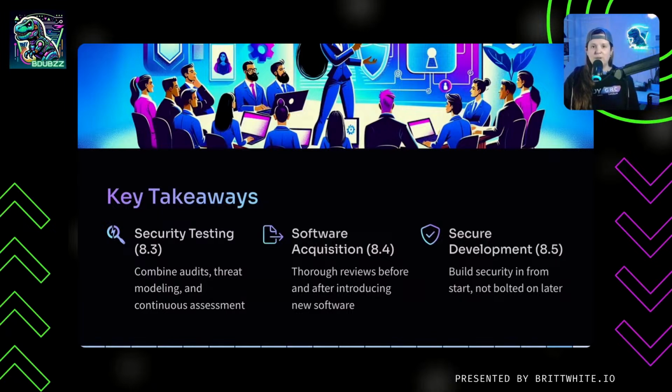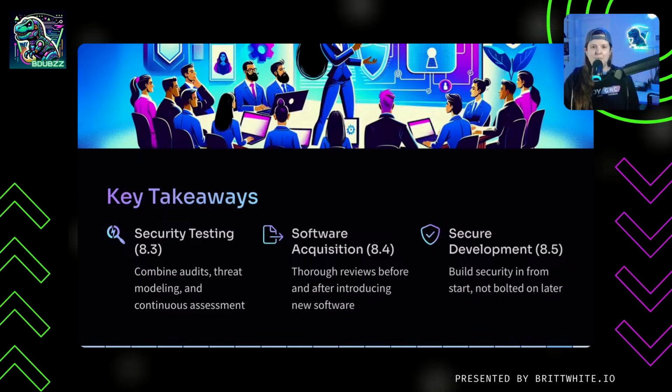For Objective 8.4, software acquisition, thoroughness is key when bringing in any external software, whether it's third-party, open source, or managed services. This means conducting detailed security reviews, carefully checking documentation, and implementing ongoing monitoring. Think of it as doing your due diligence both before and after introducing new software into your environment.